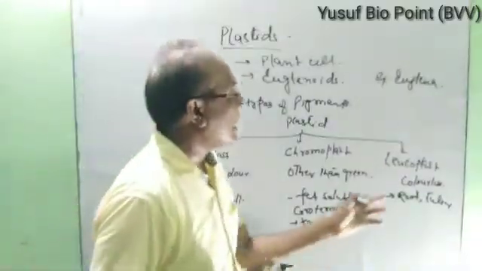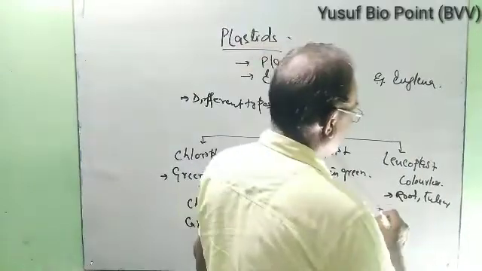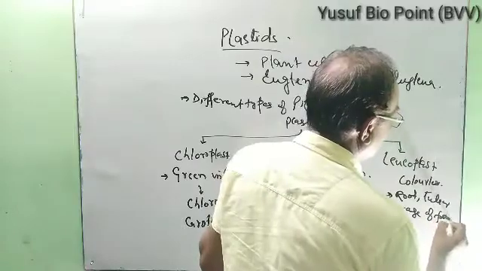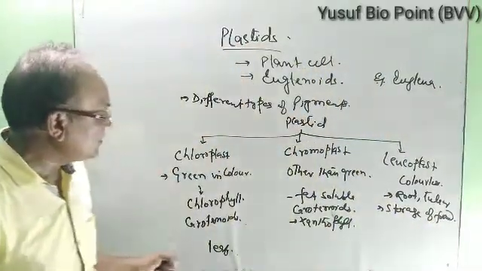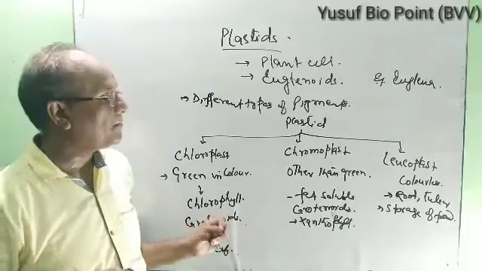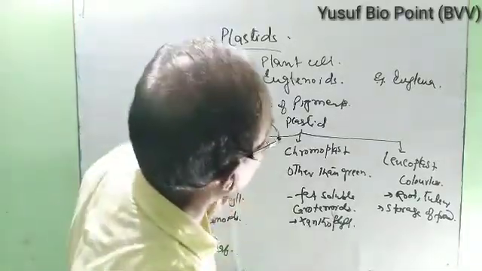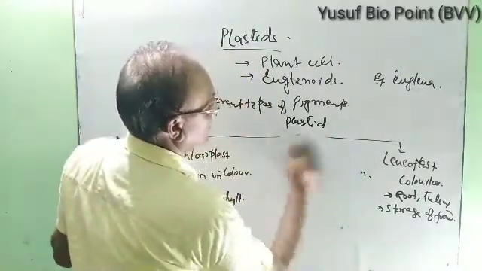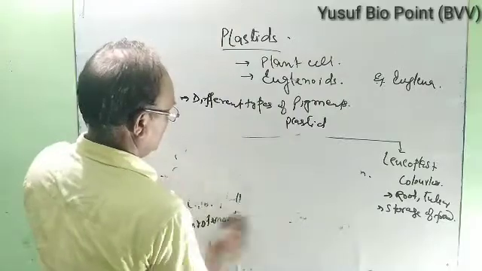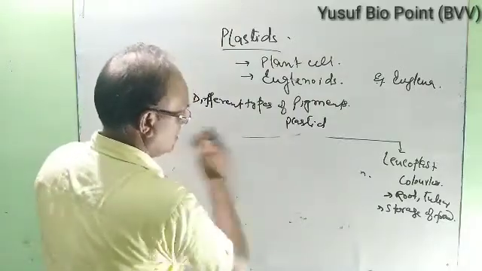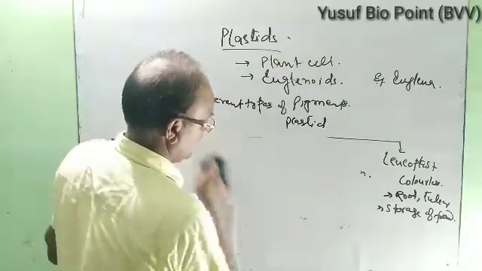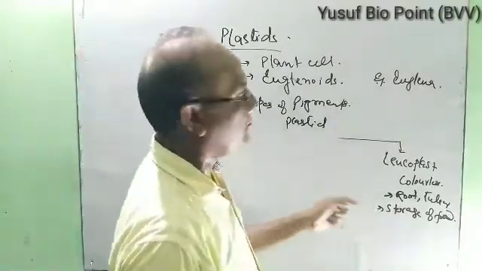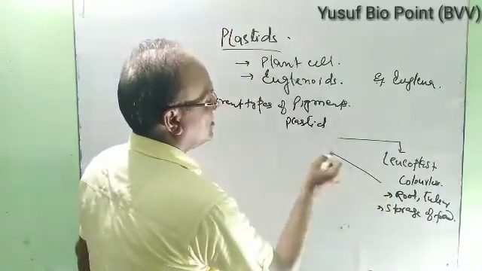So, the main function of leucoplast is storage of food. This is the storage of food. On the basis of storage of food, it is of three types.